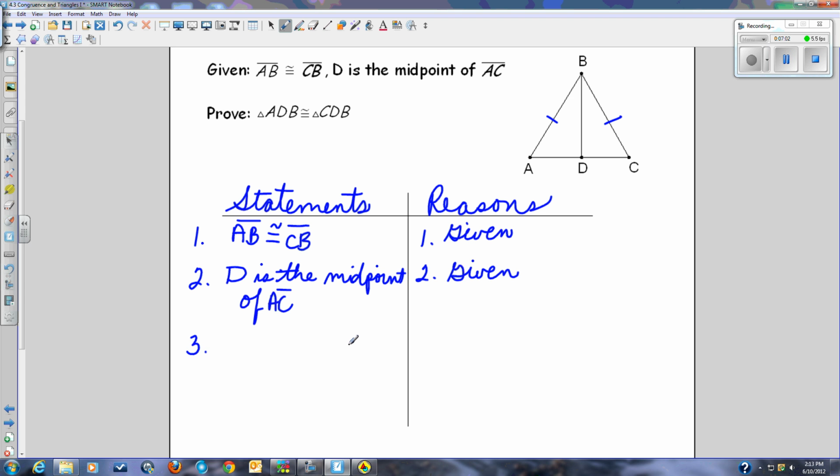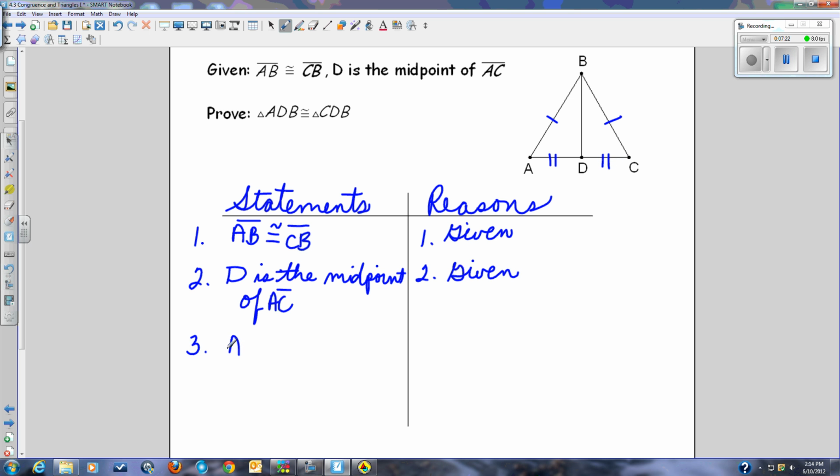Now let's think about what we know. Well, if D is the midpoint of AC, wouldn't that mean that AD would have to be congruent to DC? Isn't that what the definition of a midpoint means, that you divide a segment into two equal segments?